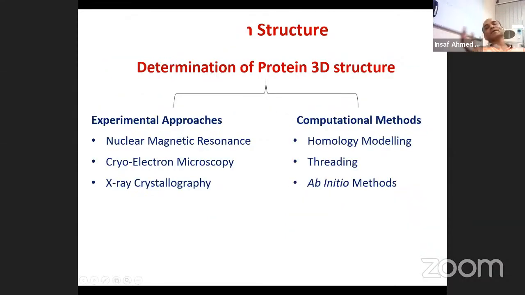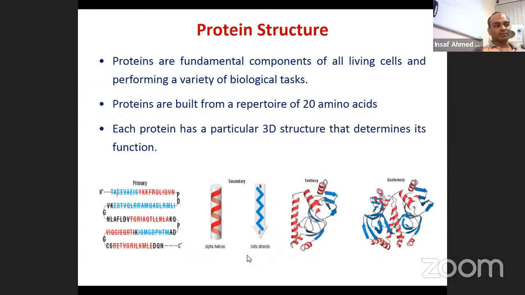Now, how will you determine the protein structure? For the primary structure, you just go for sequencing and you will get the primary structure. For the secondary structure, there is a technique called CD spectroscopy that will tell you how many alpha helices and beta sheets or how many random coils are present in your protein.